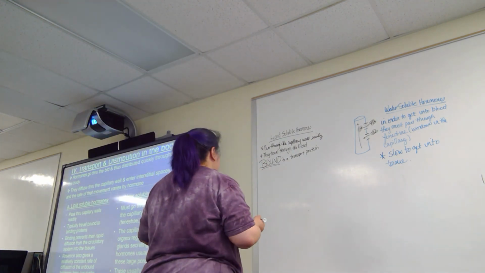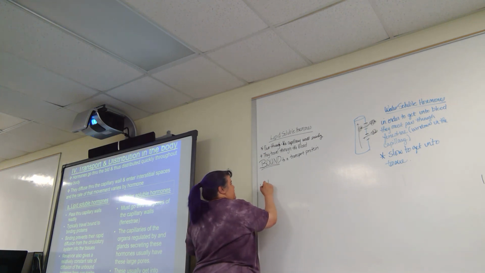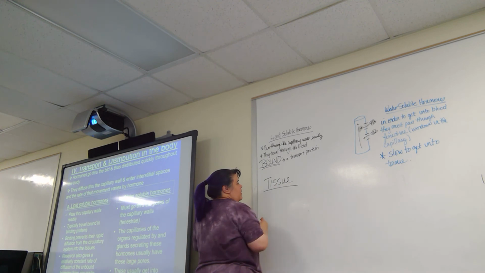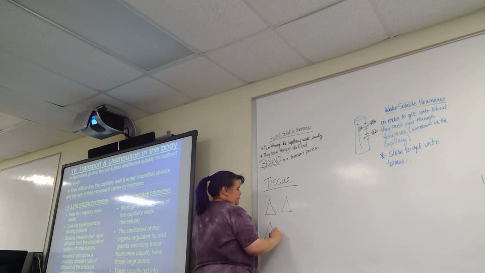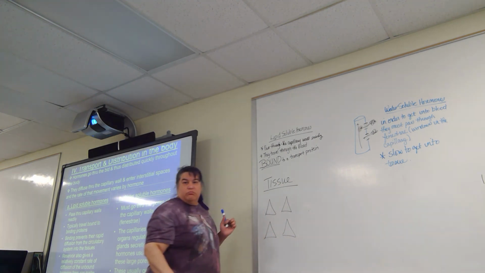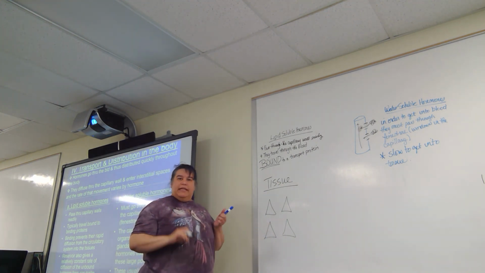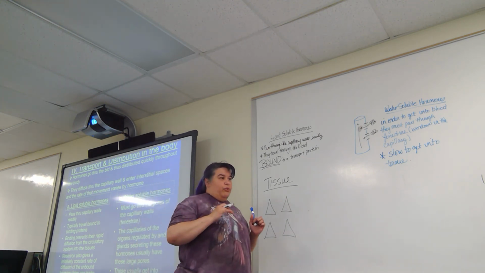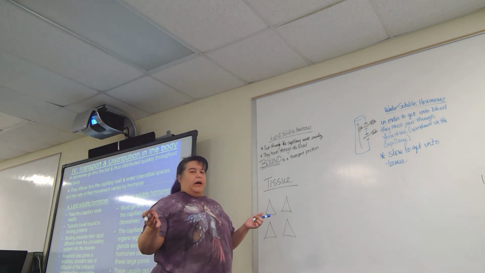So let's say that in the tissue, I have to have 4 triangle hormones. Just making stuff up, but let's say that I do. At any given time, I need 4 of these working in order for my body to function optimally.